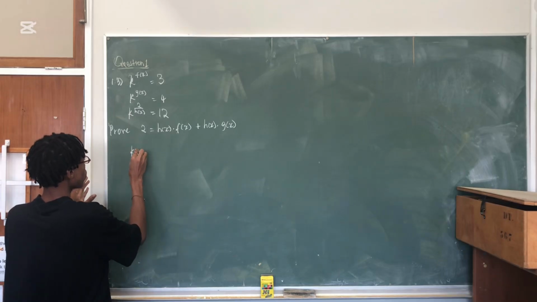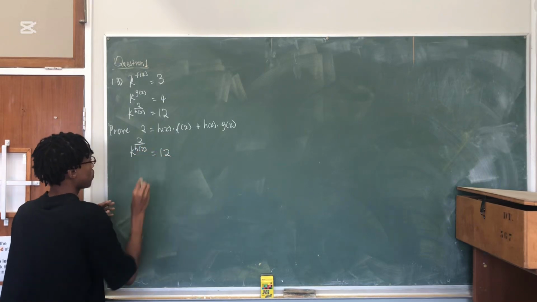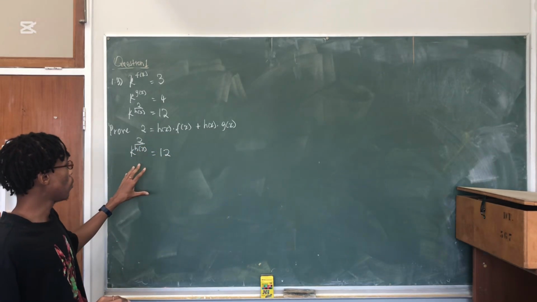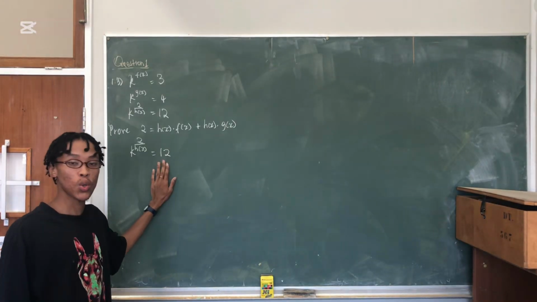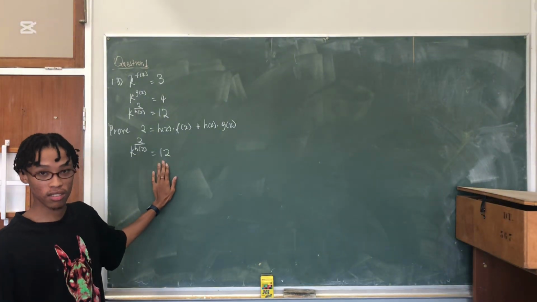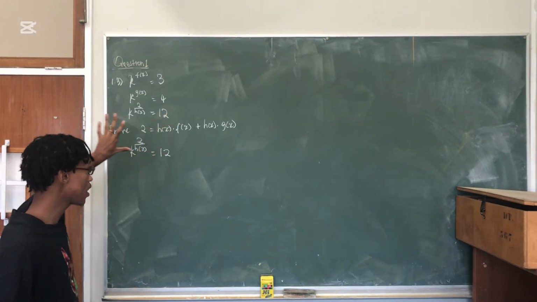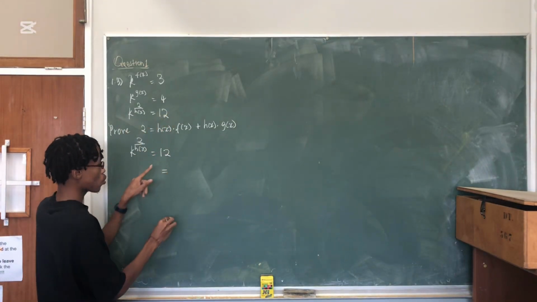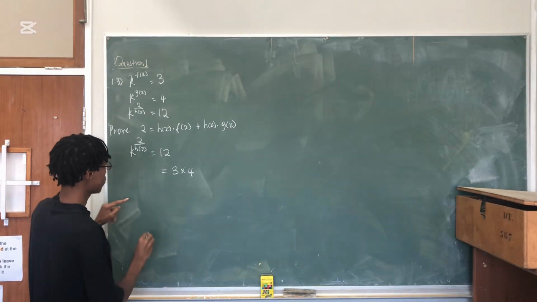Rewrite the equation to k to the power 2 over h of x is equal to 12. And one way to manipulate this is to look at 12. 12 can be written in a lot of different ways. The simplest way that can help us solve this entire thing is that we can write 12 as a product of 3 and 4.